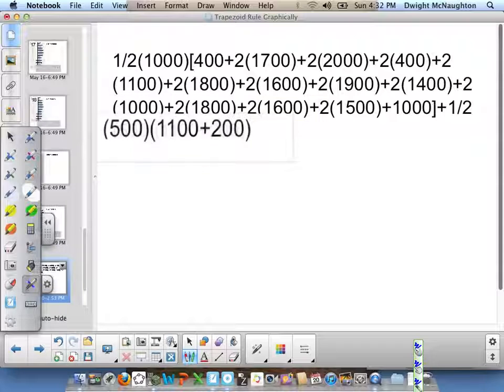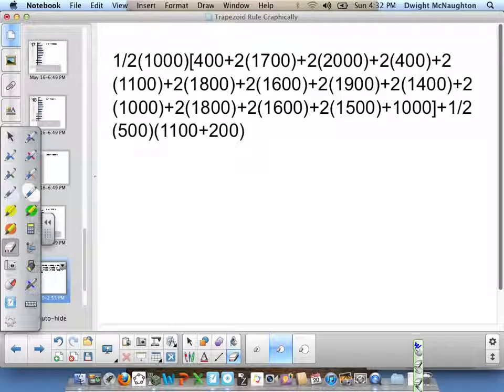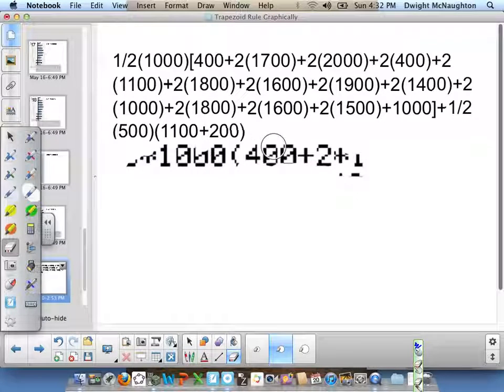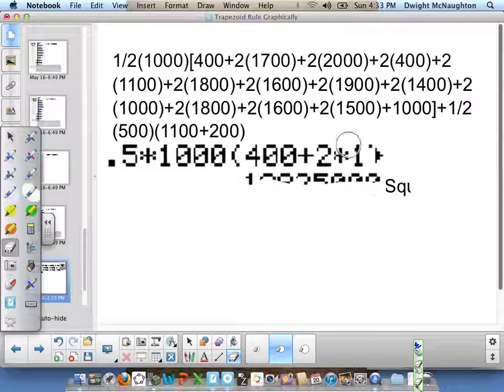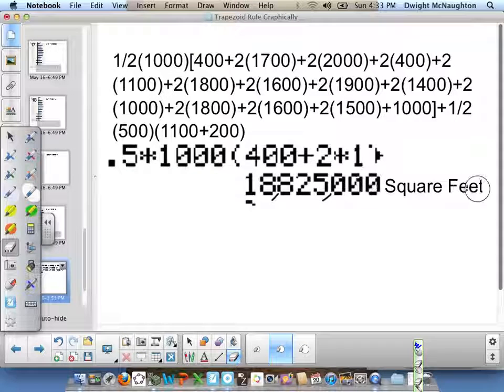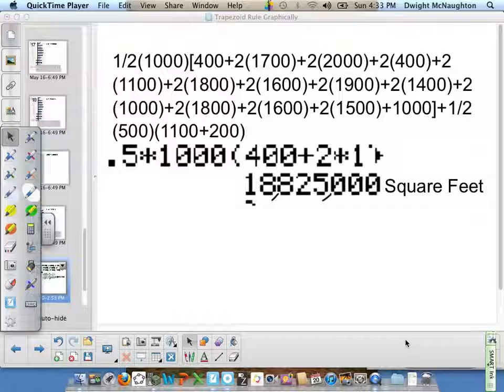All right? And so then we'll calculate that out, and we can see that Lake O'Galley is 18,825,000 square feet, which, I don't know, seems huge, 18 million.